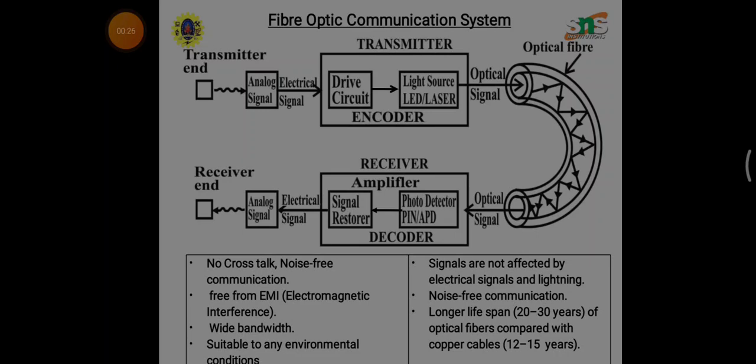So the information signal source may be voice, music, video signals, etc., which is in analog form. The transmitter converts the analog signal to an electrical signal.